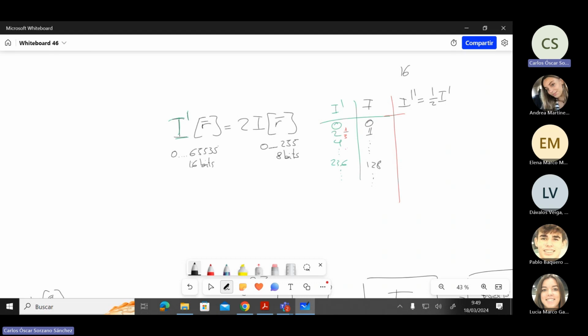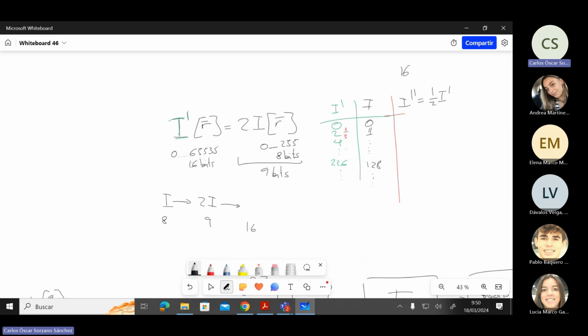So multiplying by 2, the whole thing is 9 bits. So 9 bits is not fully exploiting the range this way. Okay, let's do it this way. I have I. Now I multiply by 2. This is my operation, but this is 8 bits and this is 9. Now I will do an operation to scale it to 16 bits.